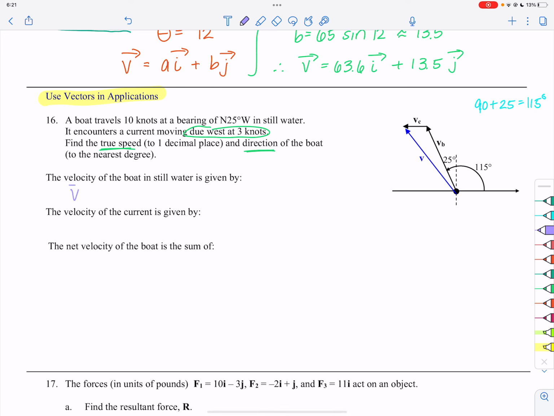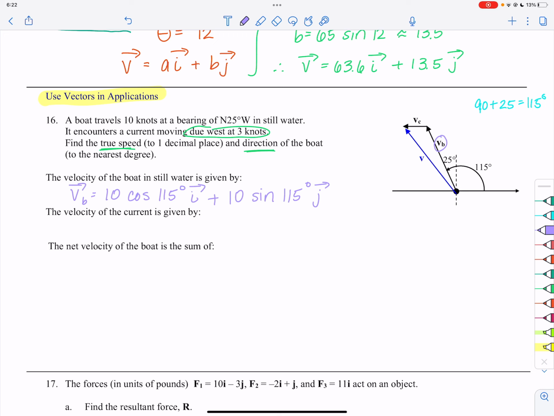The velocity of the boat, that vector, is going to be 10, because that's its speed, 10 times the cosine of 115 degrees i plus 10 sine of 115 degrees j. That is that vector there, okay?